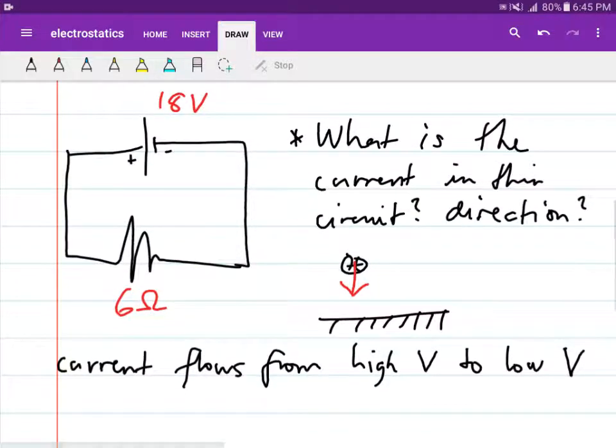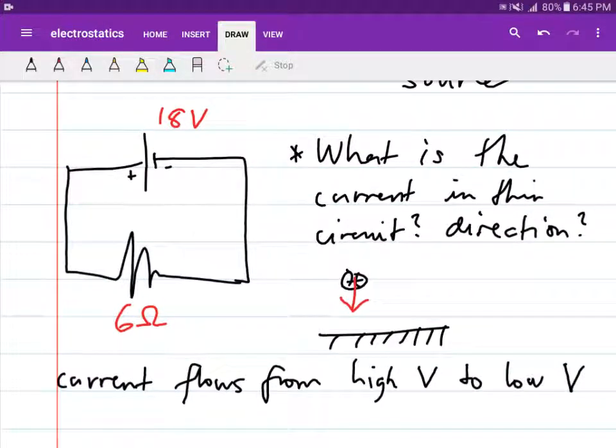But now in circuits, these positive charges are actually sitting around in low potential. So in order for this ball to go from low to high, from this position to that position, something must push it up.